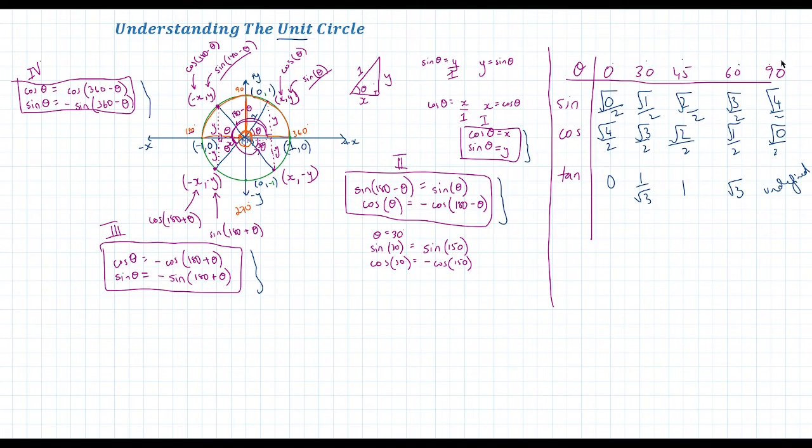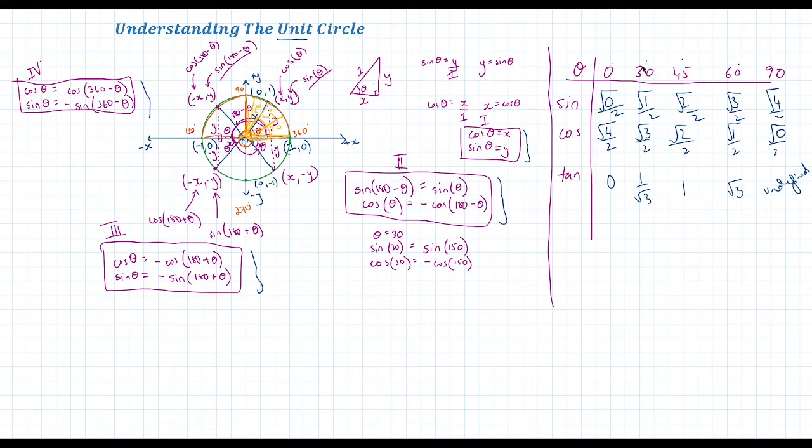So we have 5 angles. Now, these correspond to angles on the line. So we've got this here, which is 0. Then we've got another one here, which is 30. Then we have another one, which is 45. Then we have 60, and then we have 90.